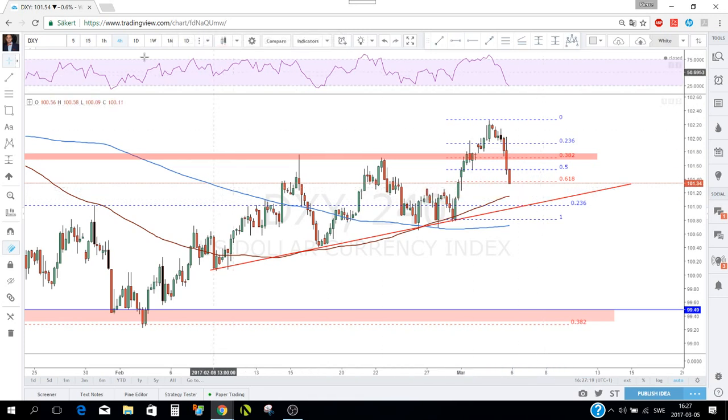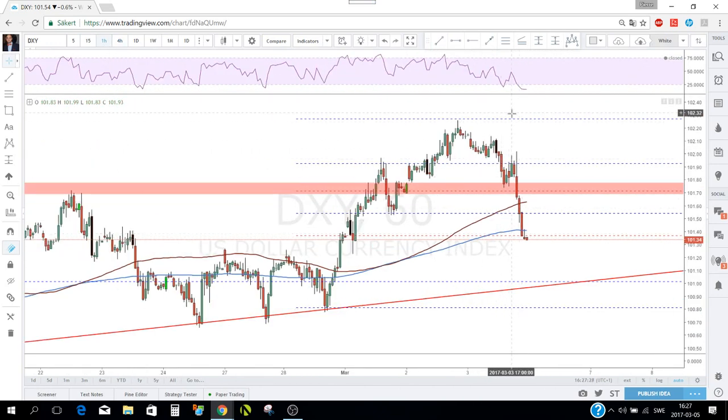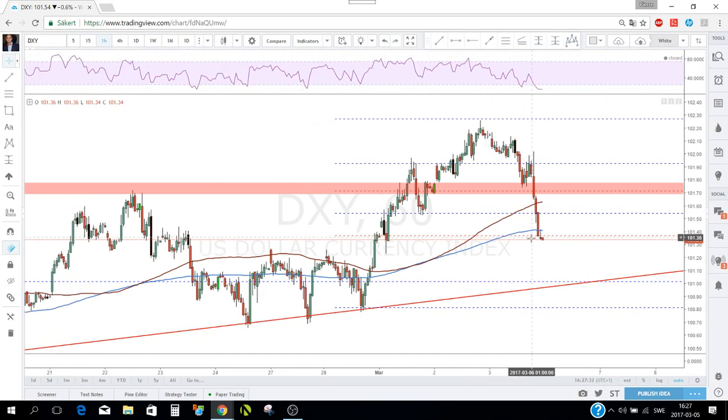On the 4-hour the RSI is getting oversold at the moment, and the 1-hour is really oversold, and it may give us a bounce from this level down here at around the 101.25 area.